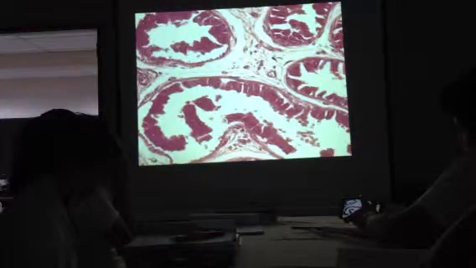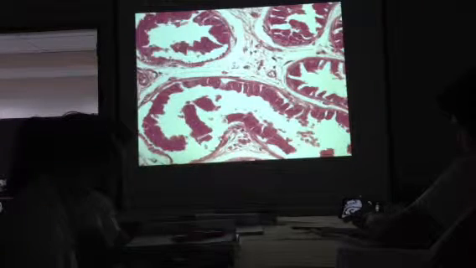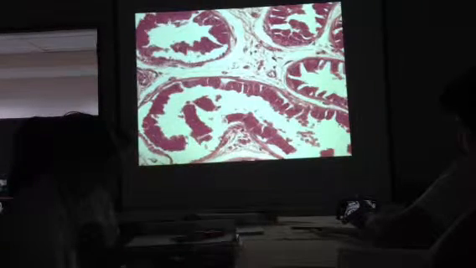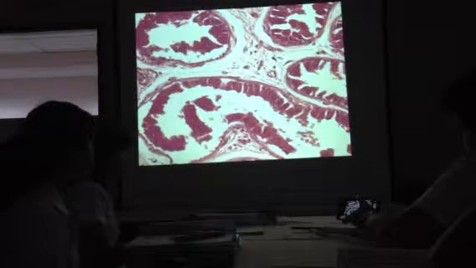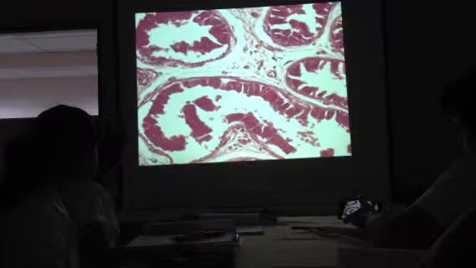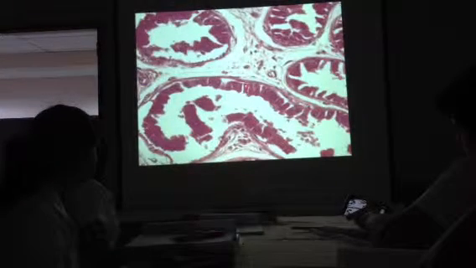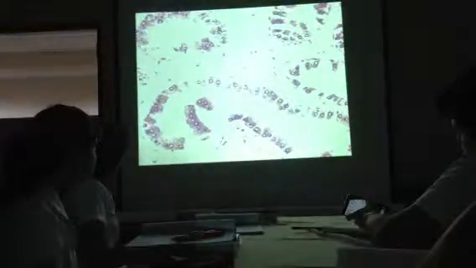Eccrine. That is why the foul-smelling sweat is only in the armpit and in the groin, because the sweat produced in those areas is coming from the apocrine sweat glands.